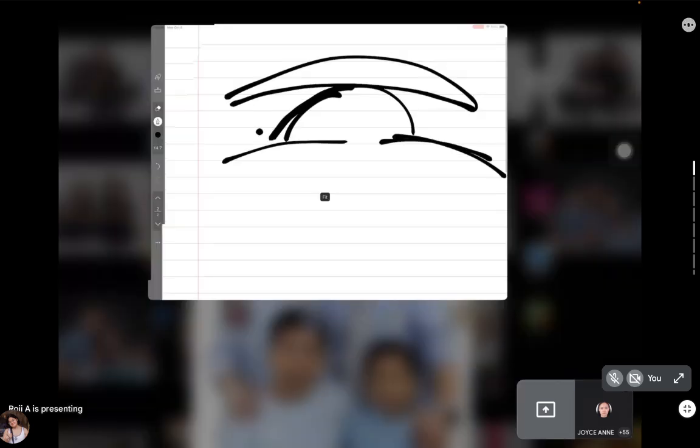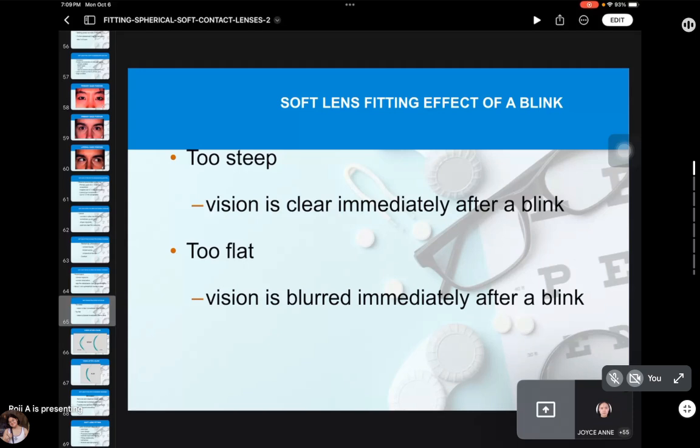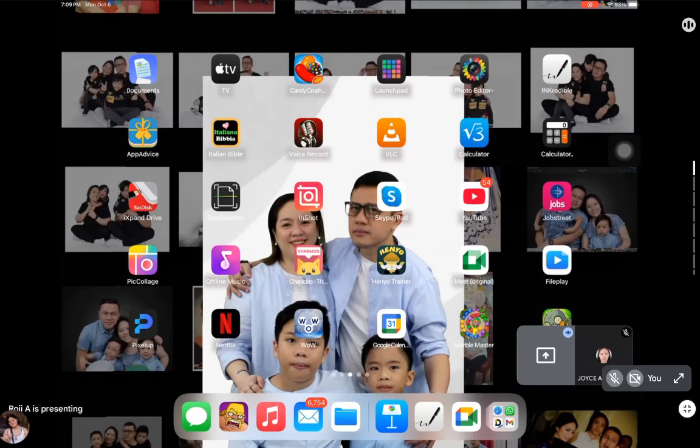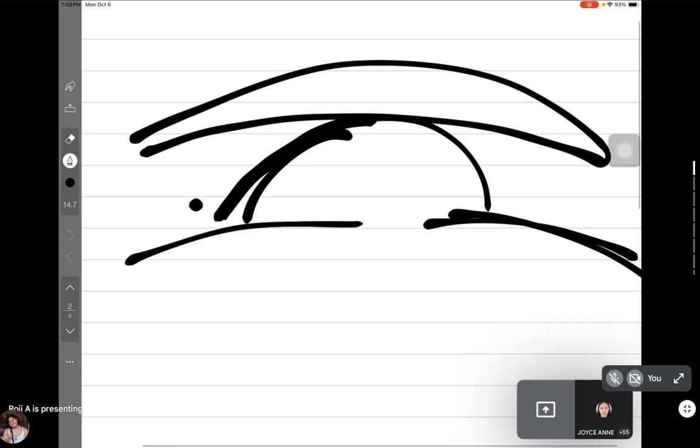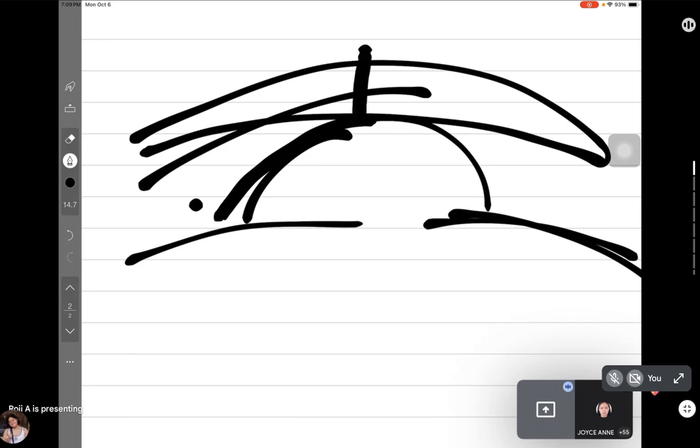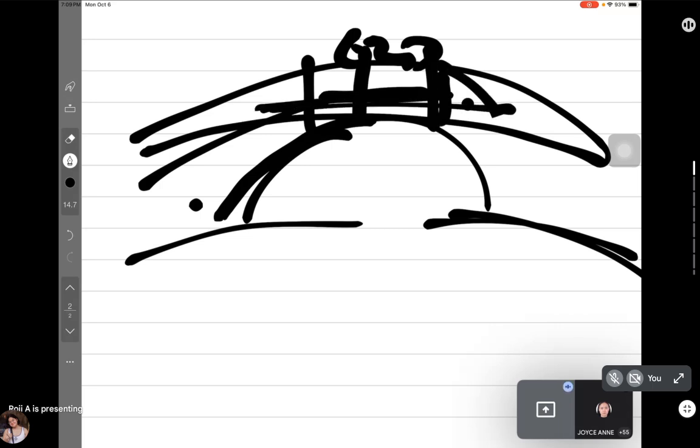Based on this premise, vision is blurred after every blink because, as you can see, after every blink this one will keep moving. So if this is the center, which is the OZD, where the power is, and it moves down, your axis is now on the periphery. That's why you don't see clear every time it moves.